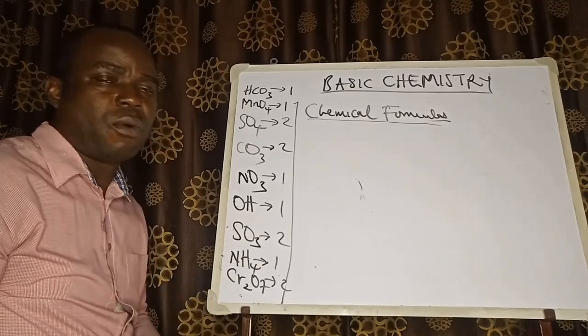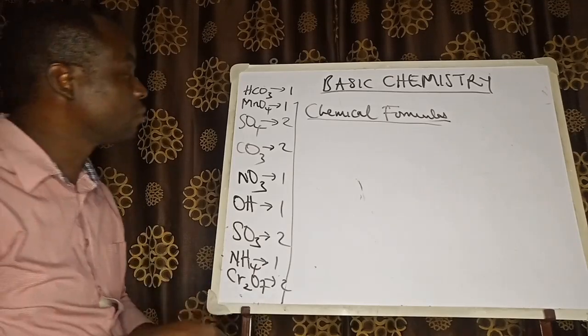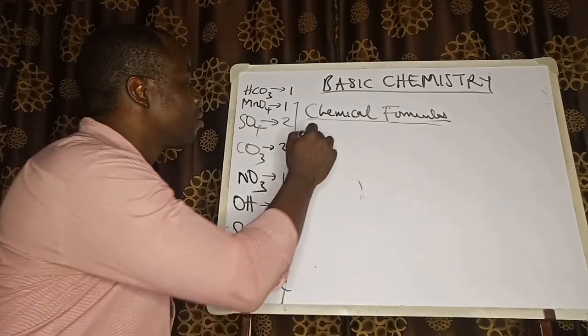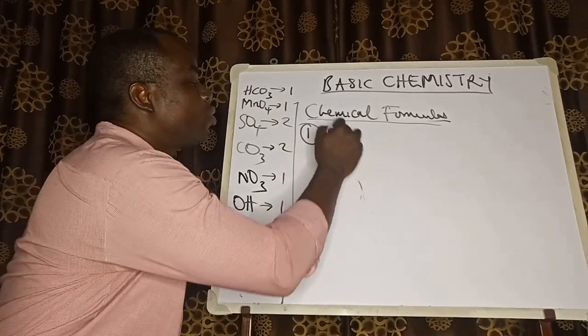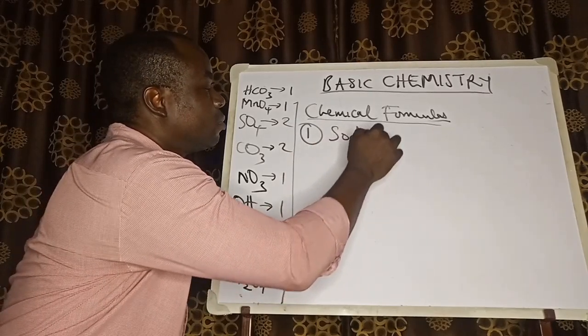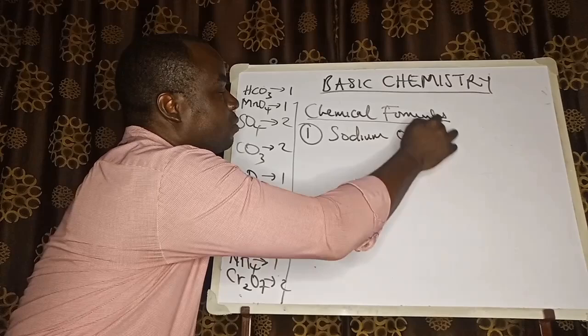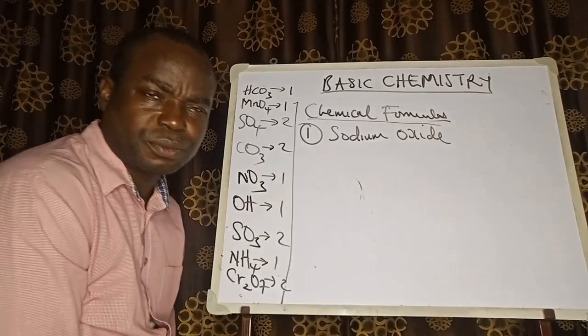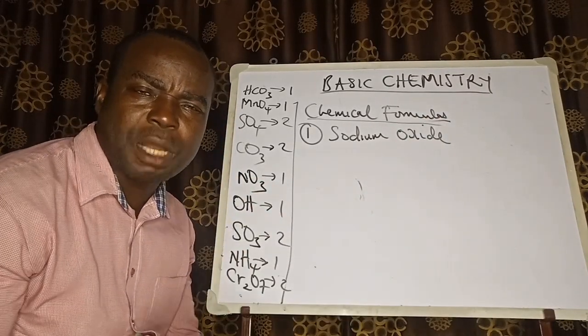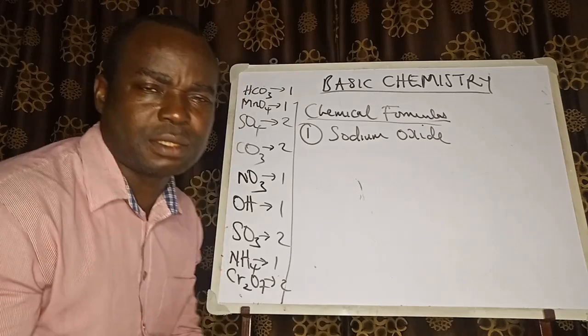Now, let's pick an example: sodium oxide. You are required to write the chemical formula for sodium oxide.